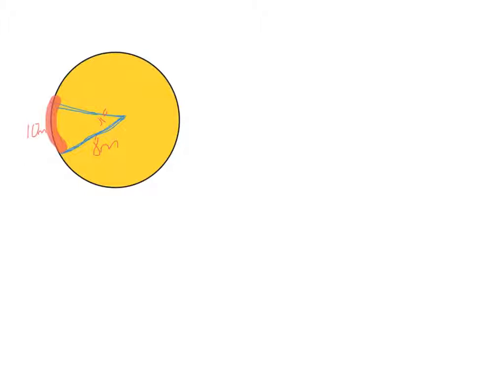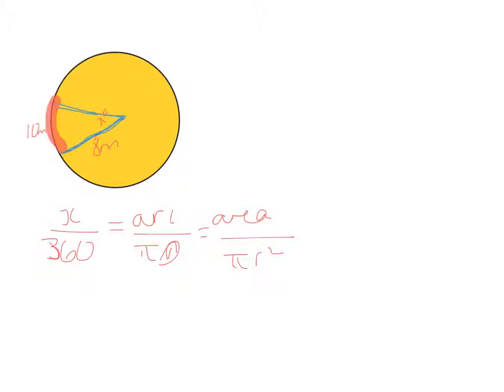So when you're given this information, if you're given the arc length or the area, that should be a trigger that we should be thinking of using the ratio x over 360 equals the arc over pi d, which equals the area over pi r squared.